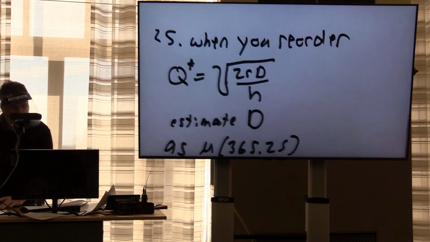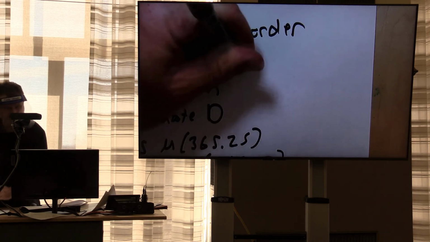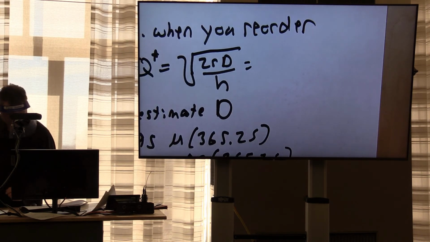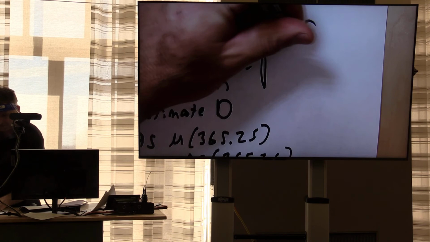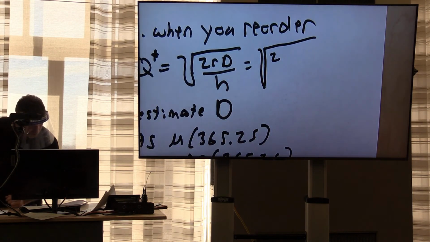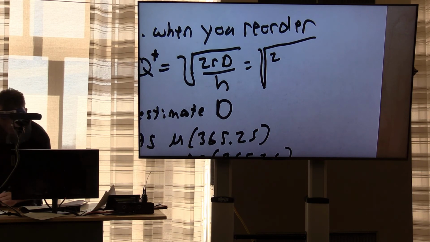Now we can go back to this formula and take the square root of 2. We said R was 3951.